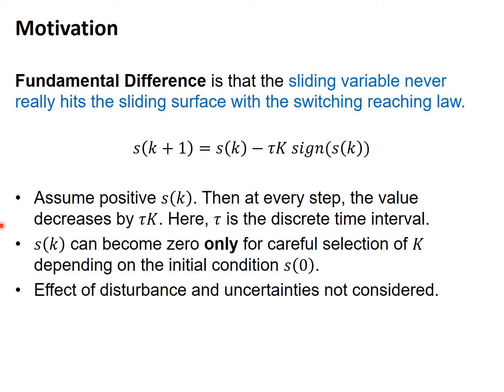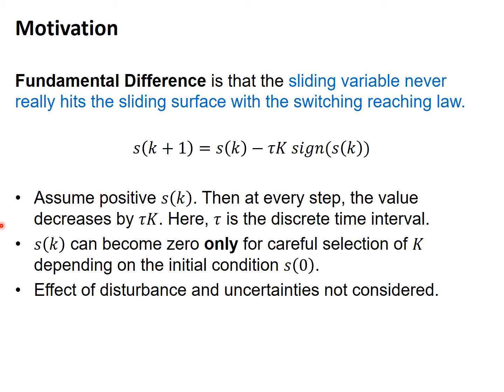And since hitting the sliding surface is out of the question, staying on the sliding surface is also out of the question. Okay, you can see this in small steps. This equation is simply a discretization of the switching reaching law, s dot equals minus k sign s.